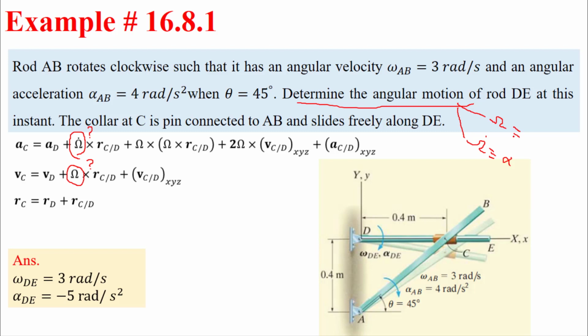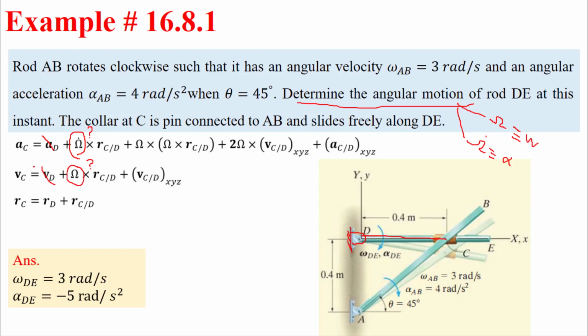And here is the omega. Okay, so we have two equations with two unknowns. Now, let us ask another question. So this is link DC, and you know very well that point D has zero velocity and zero acceleration. So this acceleration will vanish, it is equal to zero.